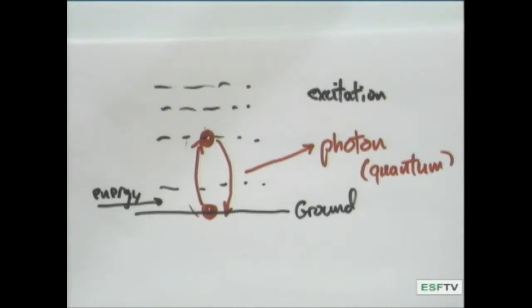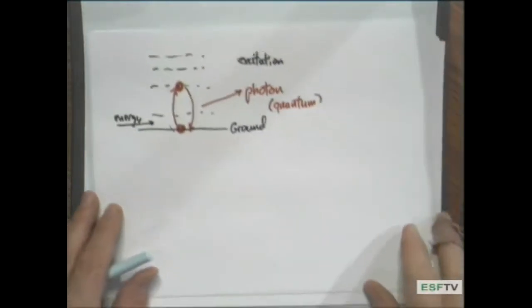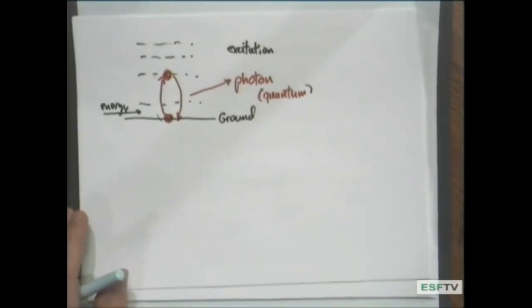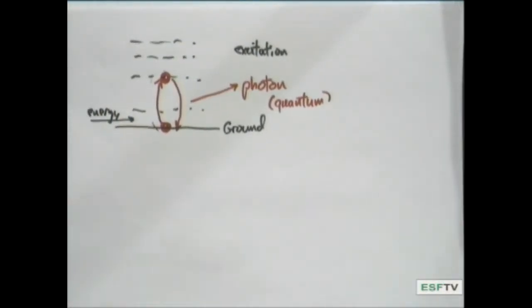Now, if you look at the kinds of things that can cause an electron to jump from one state to another, there are a variety of different things that can make an electron do this. One of them is the simple thermal motion of atoms, and this is true for electrons as well.